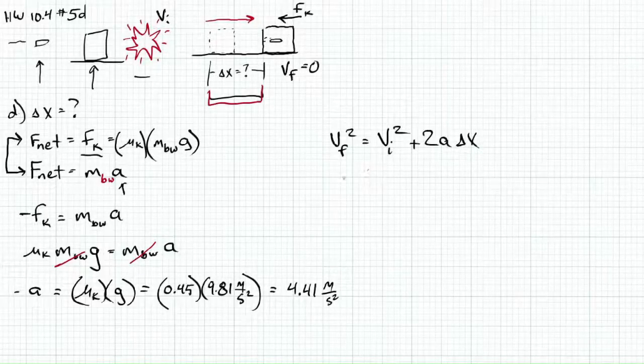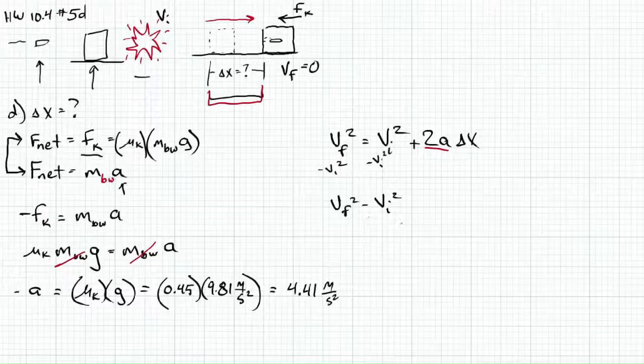When we solve for delta x, we subtract v initial squared on both sides, so v final squared minus v initial squared, and then divide by 2a, which leaves delta x equals that divided by 2 times the acceleration we just found.